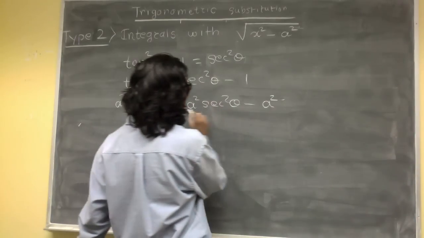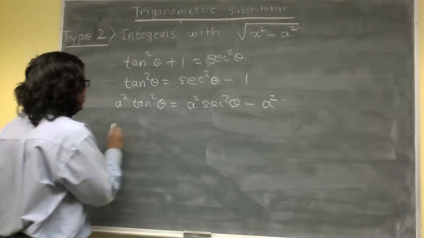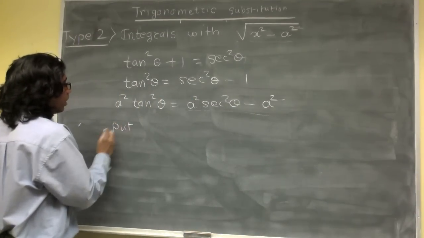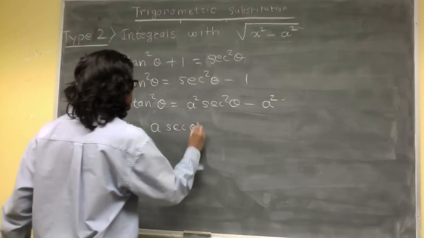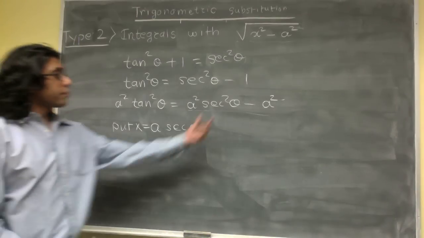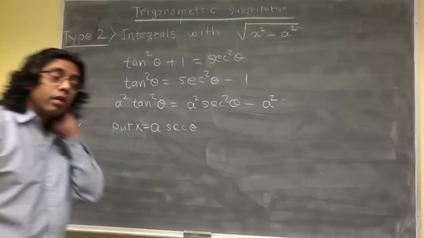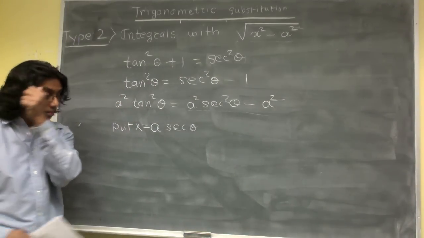Now this starts to look like our term here. And if you put a secant theta is equal to x, we get this thing as x squared minus a squared term, and the square root of that would be a times tan of theta, right?